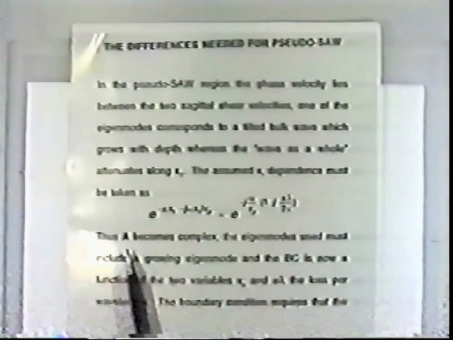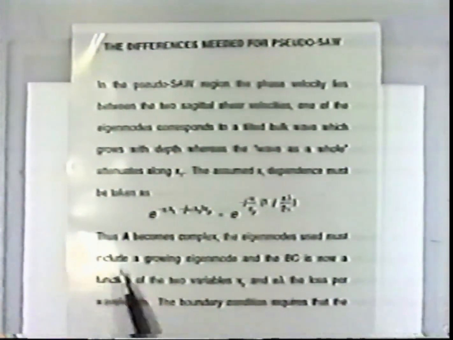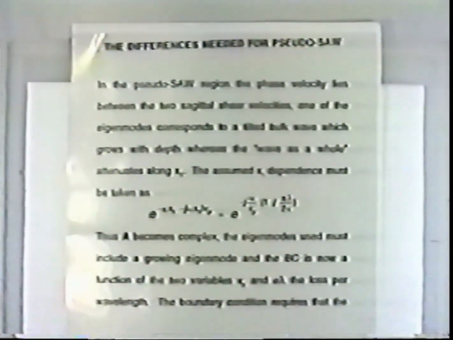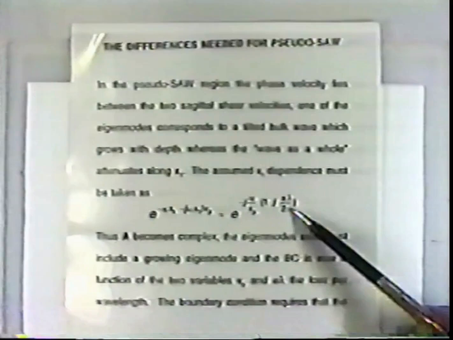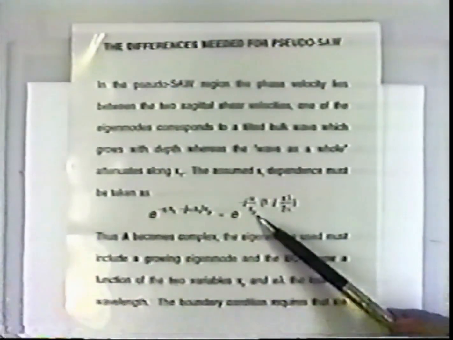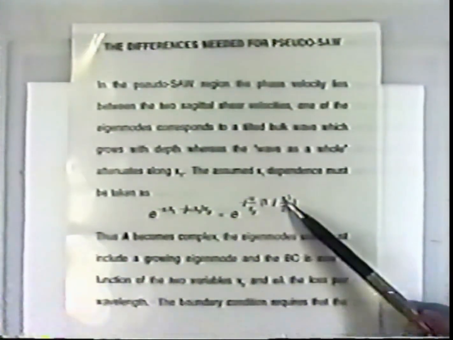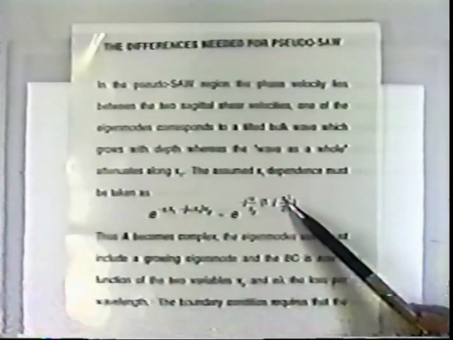The eigenmodes that we have to use in order to arrive at a solution for the leaky or pseudo-surface modes must include one growing eigenmode, and the boundary condition is now a function of two variables, because in the x dependence we have a variable which is the phase velocity and another parameter which is the attenuation constant alpha.